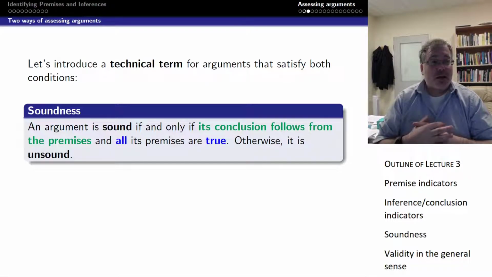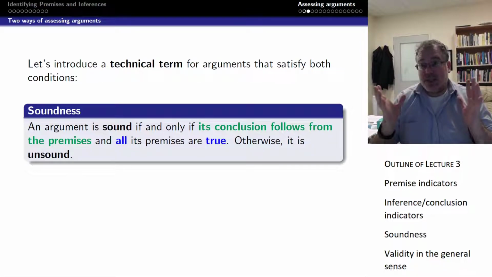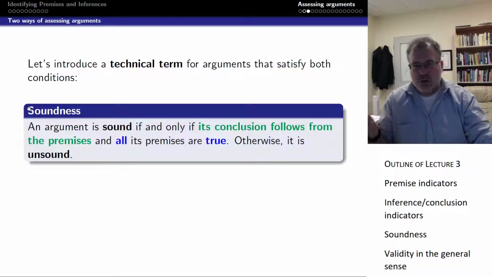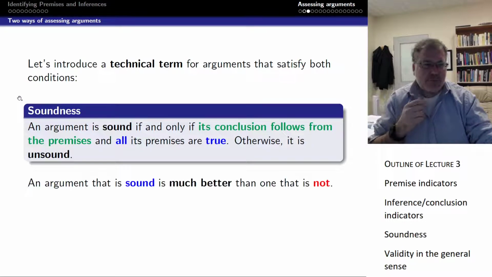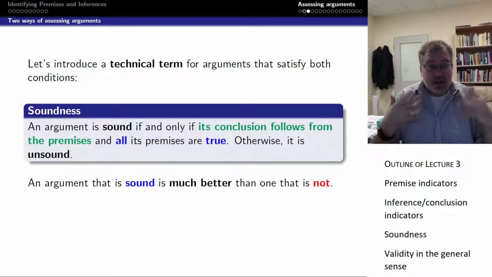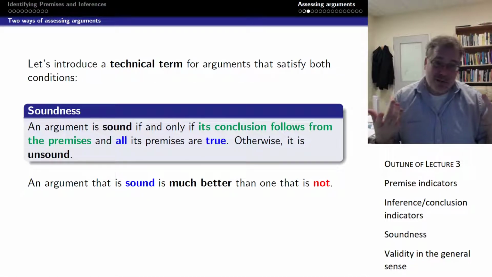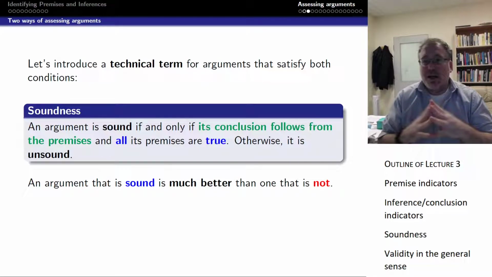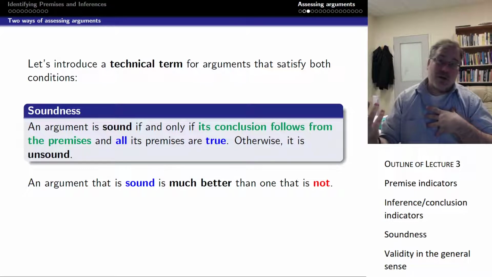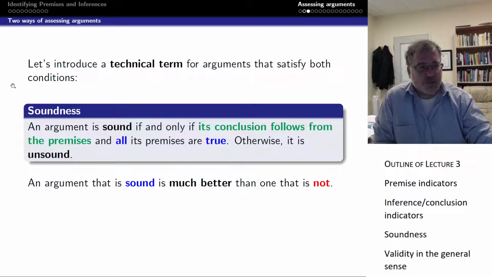So an argument that is sound gives us the strongest possible reasons to believe that the conclusion is true. And this is because an argument that's sound is better than one that is not sound, because one that is not sound can start from false premises, or the conclusion won't follow from the premises. Sorry.